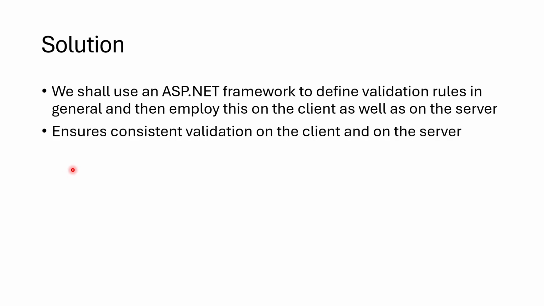Okay, and the solution in the .NET framework is that we define validation rules and then we apply these on the client and on the server. This gives us consistent validation. So we don't have two sets of validation rules, we try to use the same set of validation rules at least.